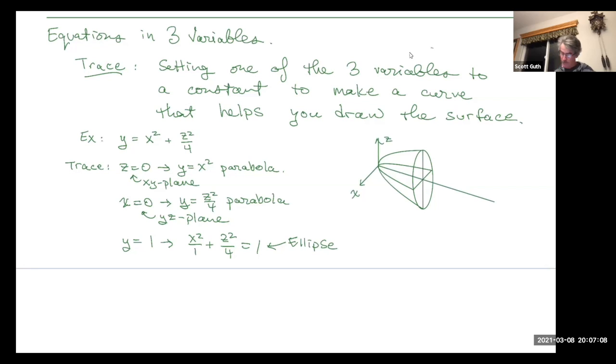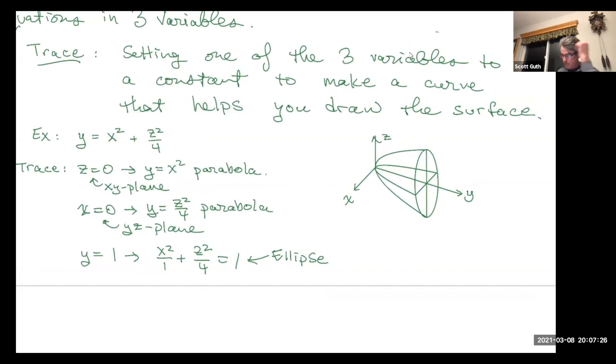Okay, and I think I'll cut off part of my y-axis because it's too long. So something like this. Okay, now I have to convince you what all the elements are here. So this top trace is where x is 0. And so that's y equals z squared over 4.